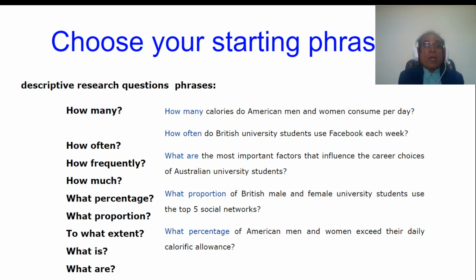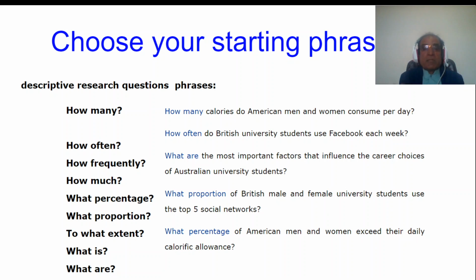For example, how many calories do American men and women consume per day? How often do British university students use Facebook each week? What are the most important factors that influence the career choice of Australian university students? What proportion of British male and female university students use the top five social networks?